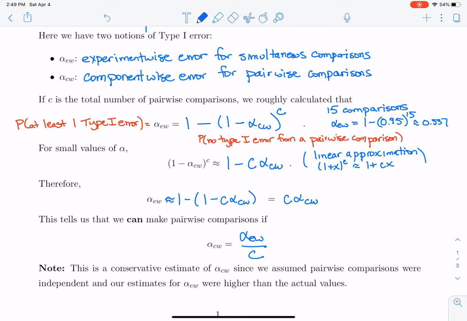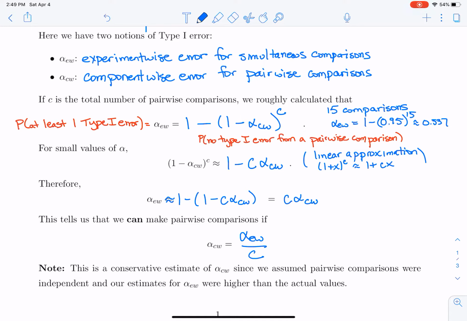So we're making our component-wise error a little bit smaller than we need it to be, but that's okay because at least it's a conservative estimate and we won't go over our desired experiment-wise error.